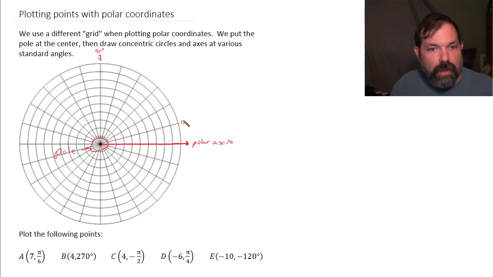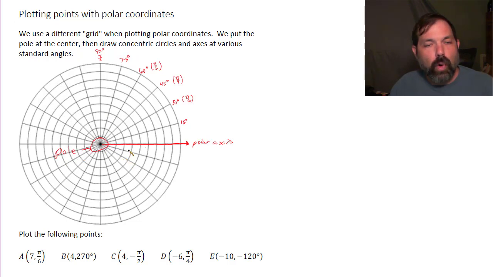This is the 15 degree axis. This is the 30 degree axis, or the pi over 6 axis. This is the 45 degree axis, or the pi over 4 axis. 60 degrees, pi over 3, 75 degrees, etc.